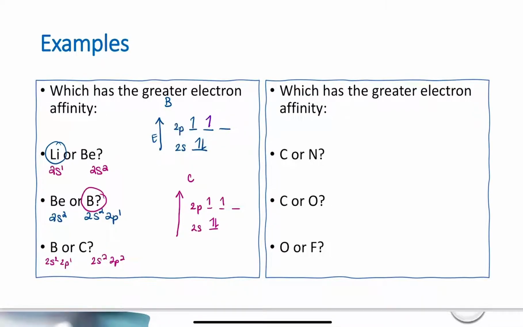But if I give carbon one, it's going to have a half-filled shell. Carbon is going to pay pretty sweet for that half-filled shell. Carbon's much more willing to pay for it than boron.